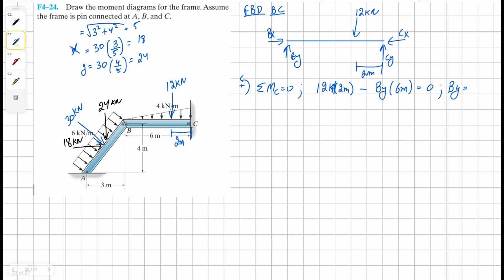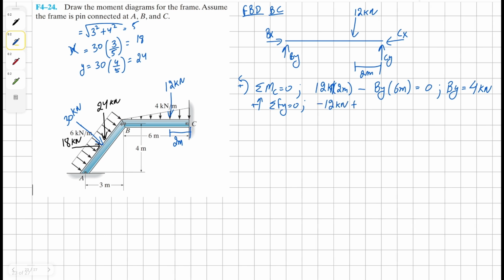Solving for By, we get a solution as 4 kilonewton positive. Now we can sum the forces in y direction to find a solution for Cy. So it's going to be negative 12 kilonewton, positive By, which is 4 kilonewton, and positive Cy, all equals to 0. Solving for Cy, we get our solution as 8 kilonewton.